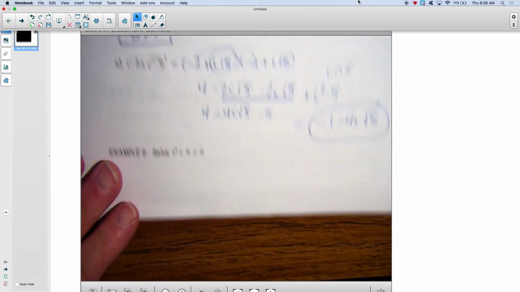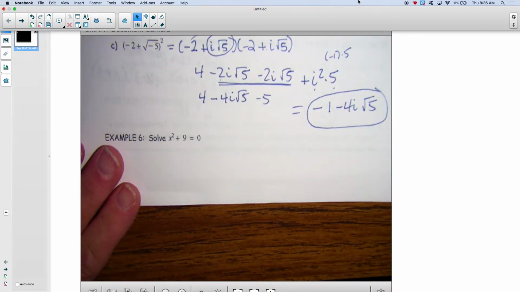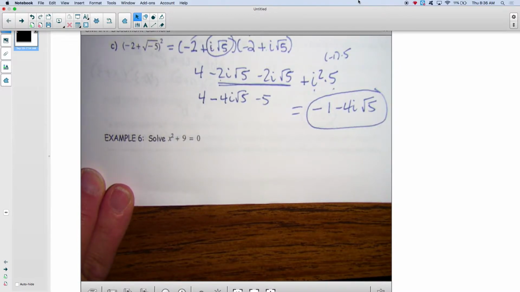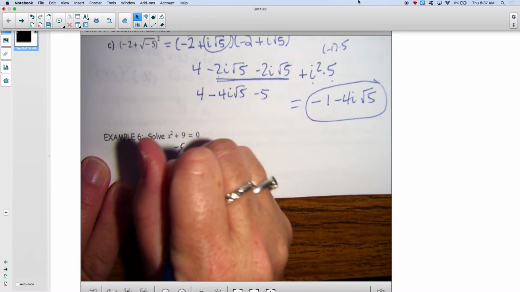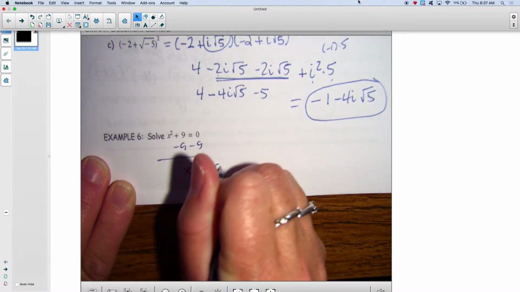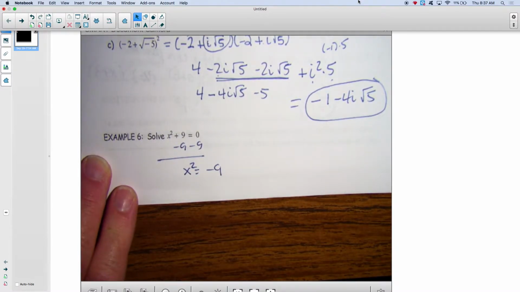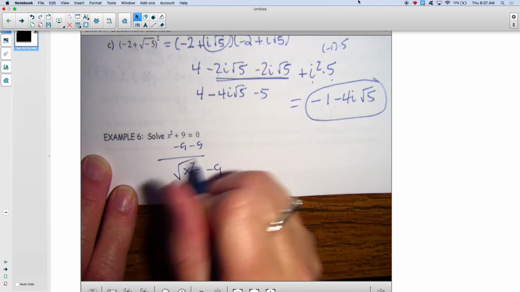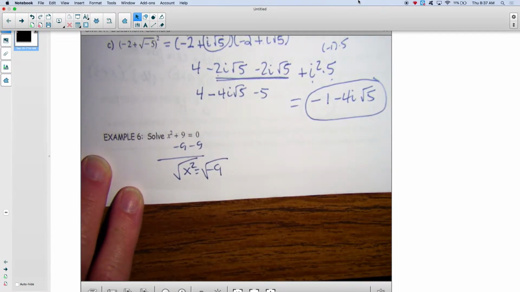All right, let's look at this last one on this page. How do we solve x squared plus 9 equals 5? What do we do? Subtract 9. Square root both sides.